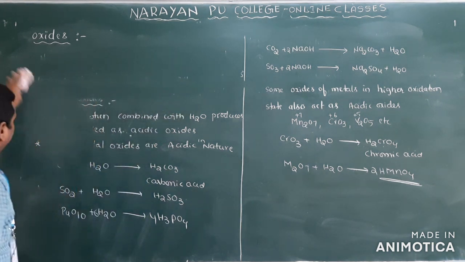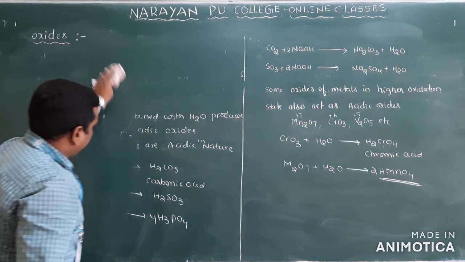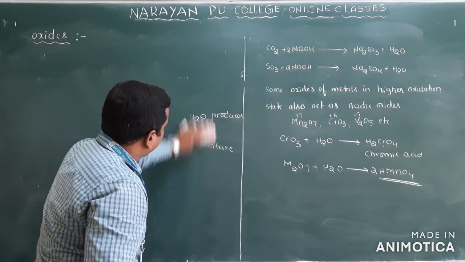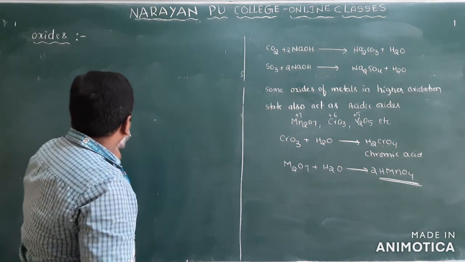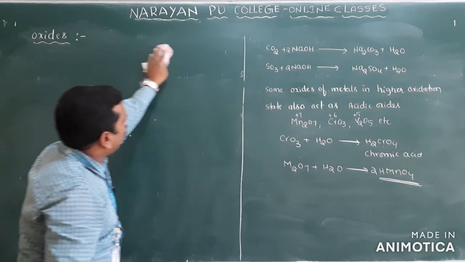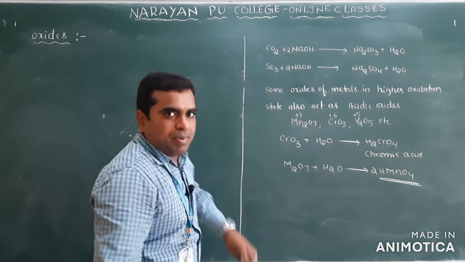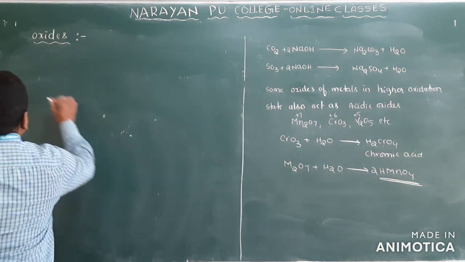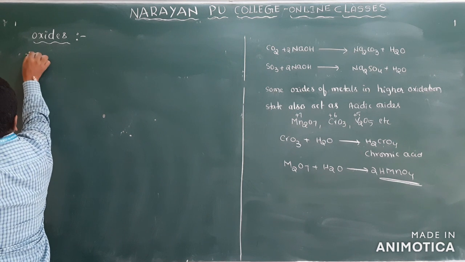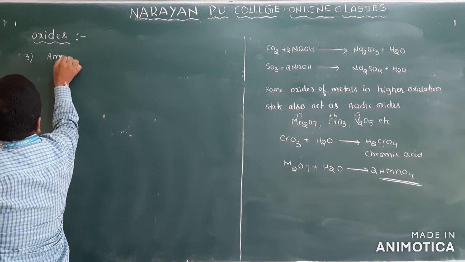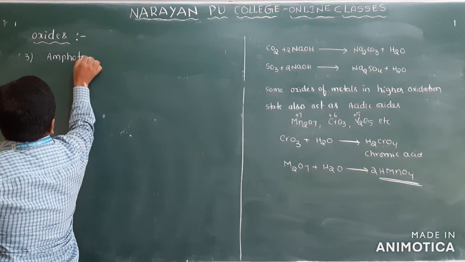Put the heading amphoteric oxides. Clear? So you know that amphoteric oxides means they can show both the characters of acid and bases. Put the third heading: amphoteric oxides.